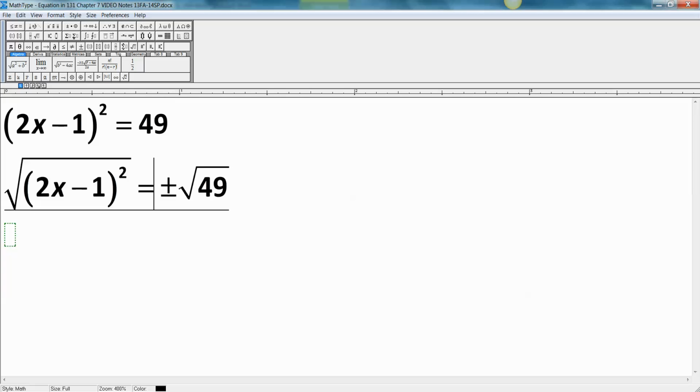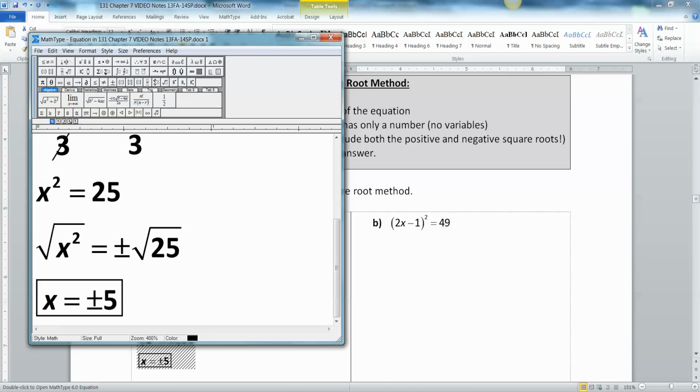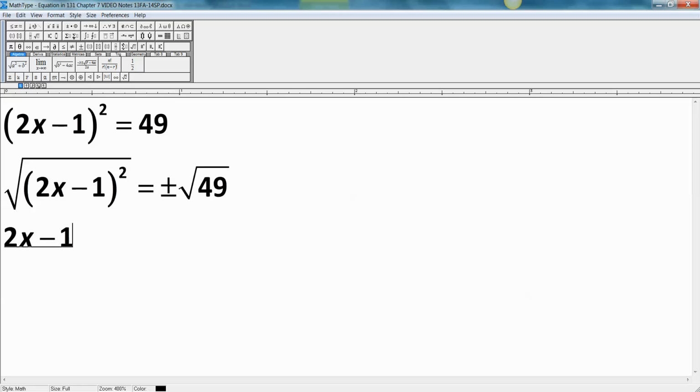Okay, so over on the left, what's going to happen? Well, the square root and the squaring are inverse operations, so they unravel each other, and it leaves you 2x minus 1. For the same reason that over here, when I took the square root of x squared, it just gives me x. That's the definition of what a square root is, actually.